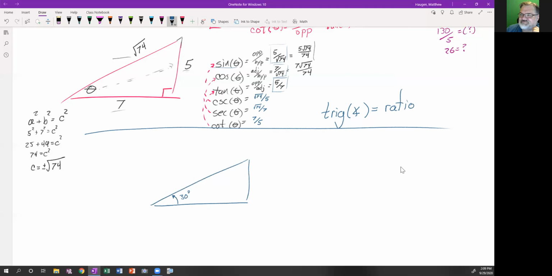And let's say this height here is some sort of building, and the height to the roof of that building is, I don't want 30. How about 24 feet? And somebody wants to know, well, how far is this distance?